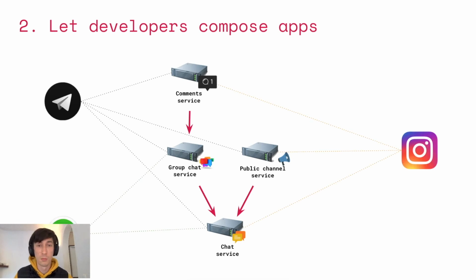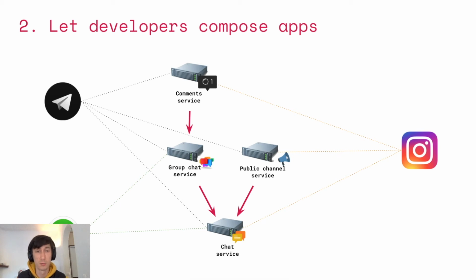And when you start thinking about how applications work, an application is a composition of services. So now if I have a few services, I can package these few services as one app or another app. And by adding to all the kinds of chat services just one additional public channel service, I can have Instagram by using basically all the same services and almost the same data. I will just need to add some new matching, some new metadata on top of the data I have.